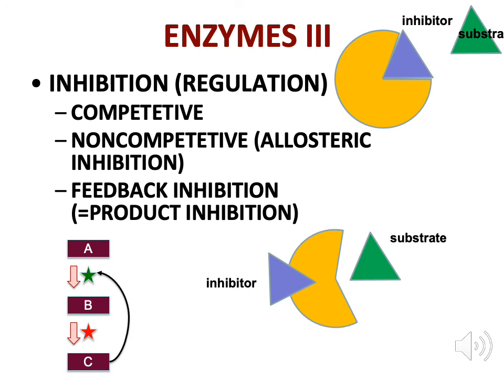If I don't have enough product, I'm opening the process right back up again. So it's the amount of product that ultimately determines whether the enzymatic process works or not. That is called feedback inhibition, sometimes called product inhibition, in the sense that whatever molecule is being made has an influence on the entire enzymatic process.